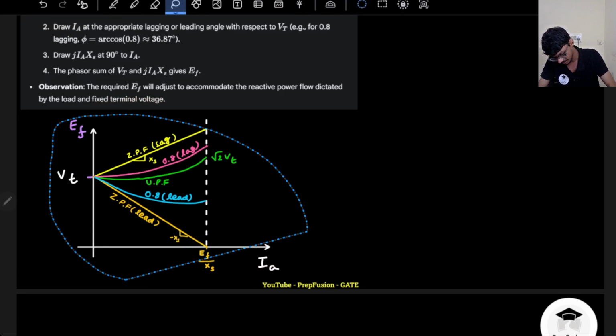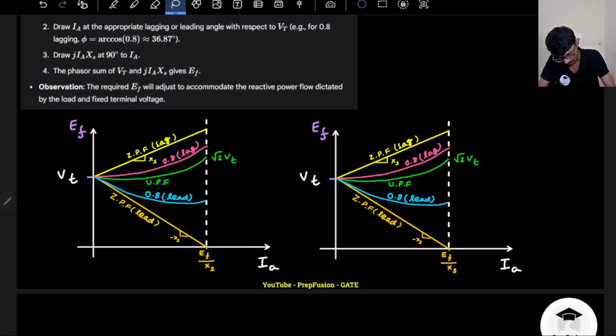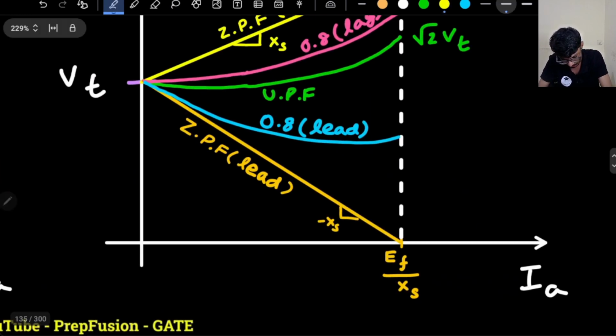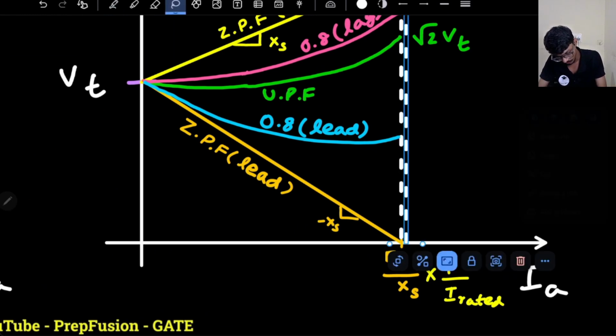Okay, and again, if you want to plot this in per unit, what you will do? Just simply you will do one thing. This will be divided by IA rated, 1 by IA rated, and somewhere here 1 pu will be here.